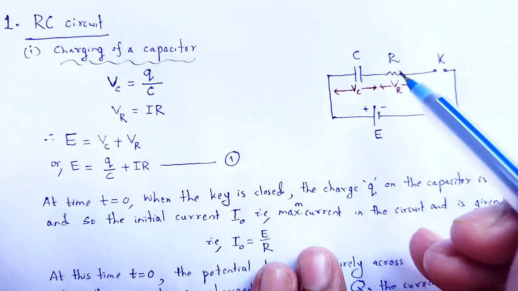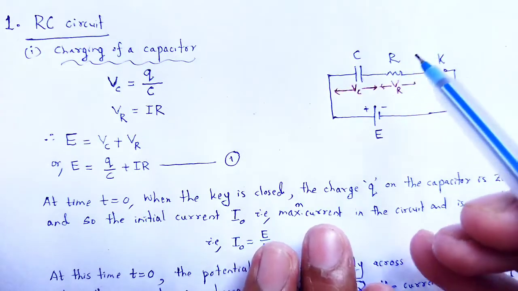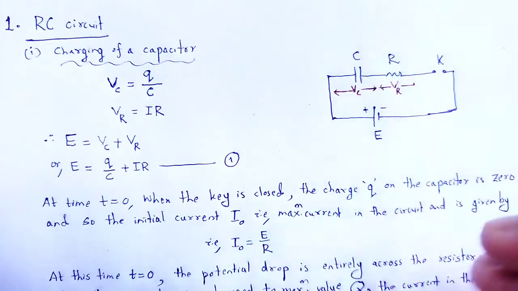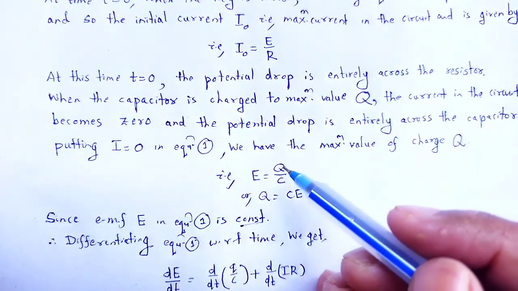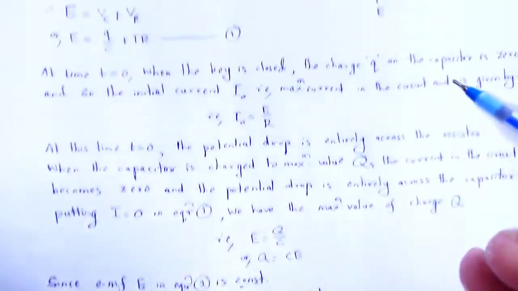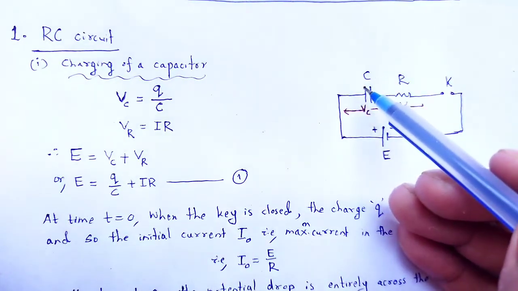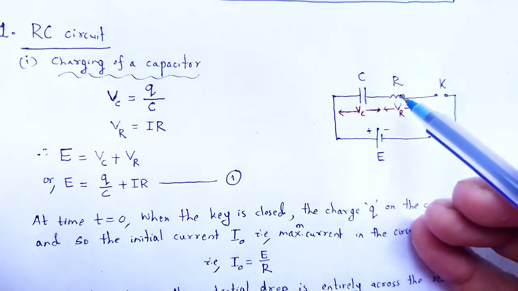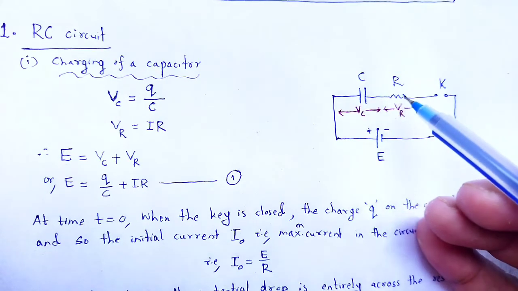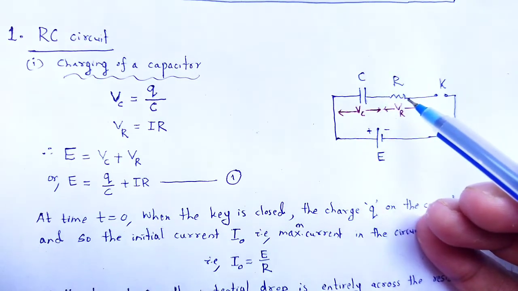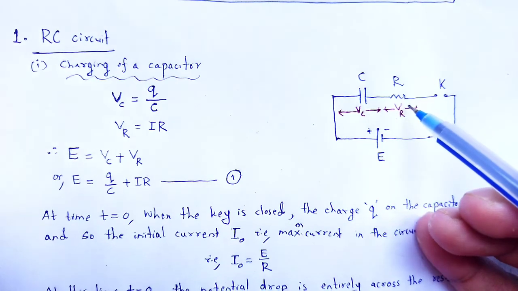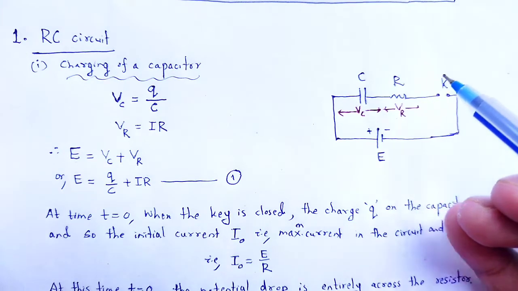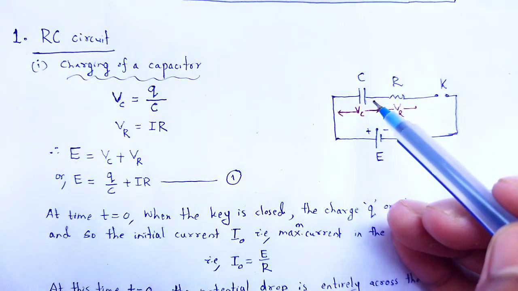There is a potential difference of capital Q by C across the capacitor, since it achieves the maximum charge, and zero potential difference across the resistor, since there will be no current, means I is equal to 0 when that key is open. Now the capacitor starts discharging.